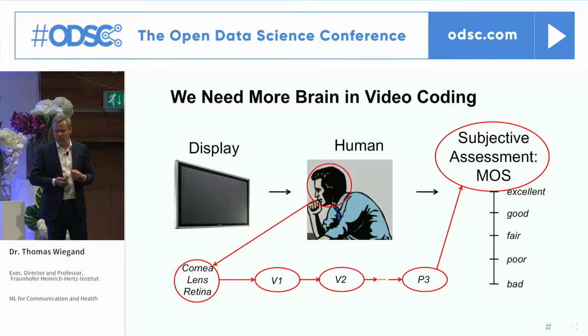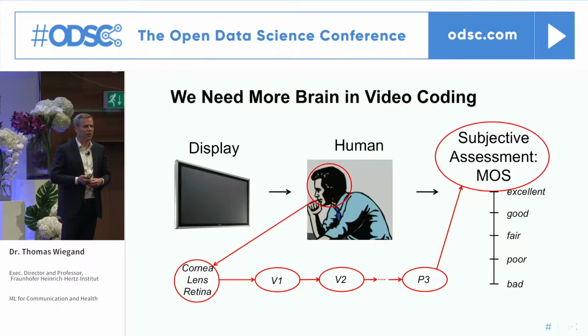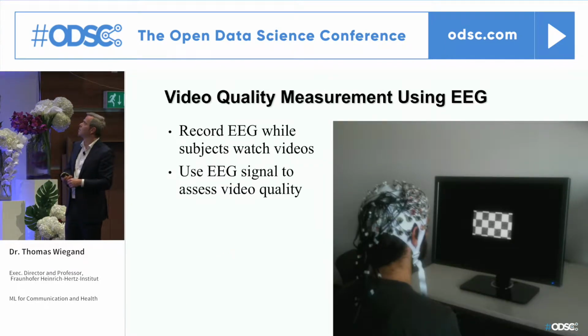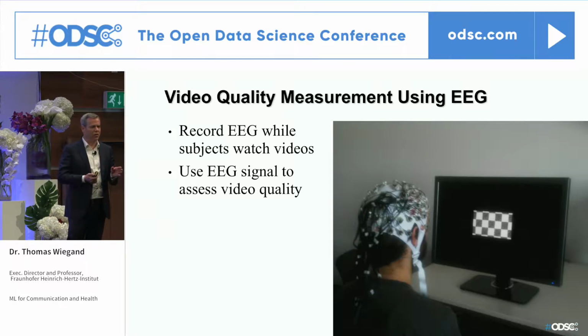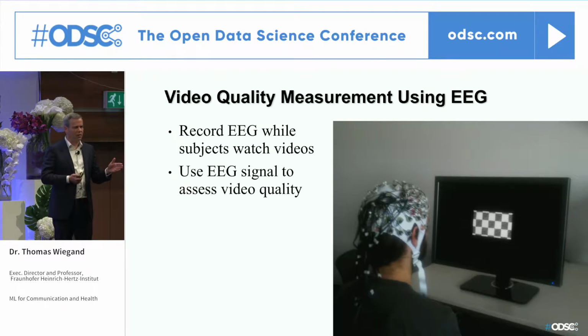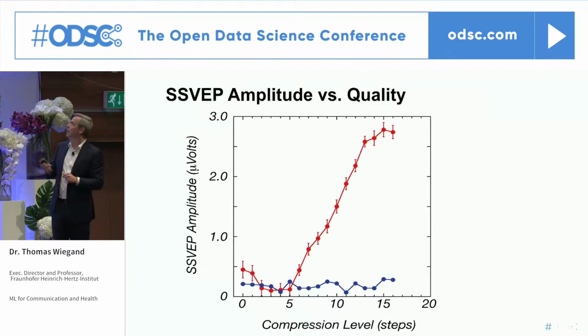So we can actually go ahead and measure this processing or parts of it and try to make predictions. So what we've done is we recorded EEG signals while people were watching a video signal. And we found a method to actually extract the quality they perceived from the signal. So here's a very sketchy way of looking at it.